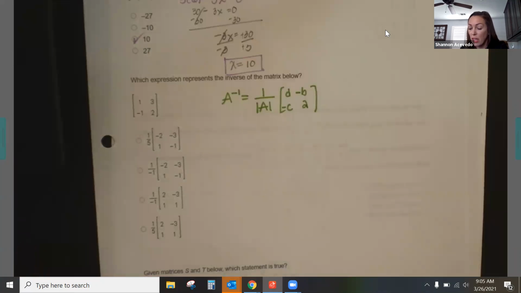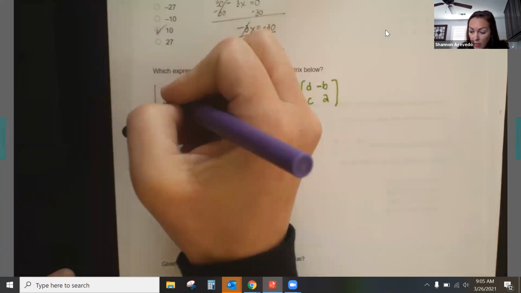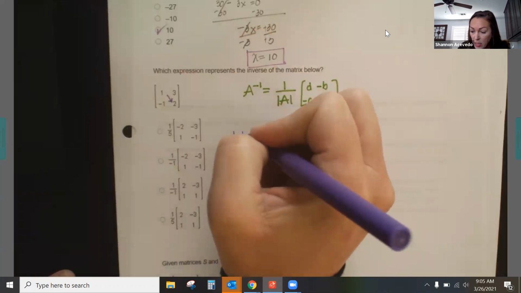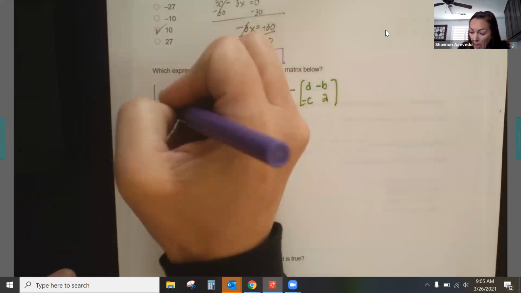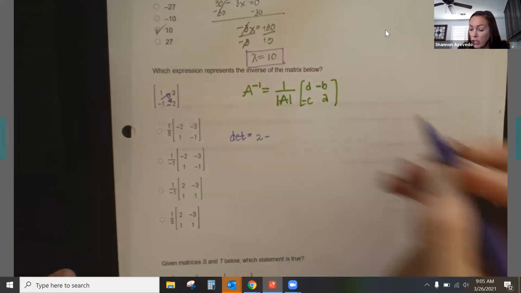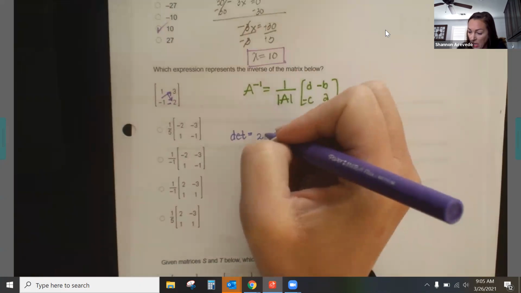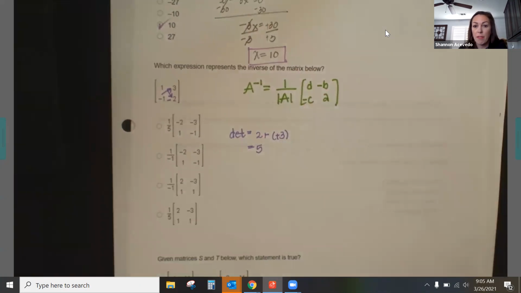So if I want to follow that thought process, the first thing I need to do is find the determinant of this matrix. The determinant is going to be 1 times 2, which is 2, minus my negative 1 times 3, which is a negative 3. A negative and a negative is going to make that a positive. So my determinant is going to be a value of 5.